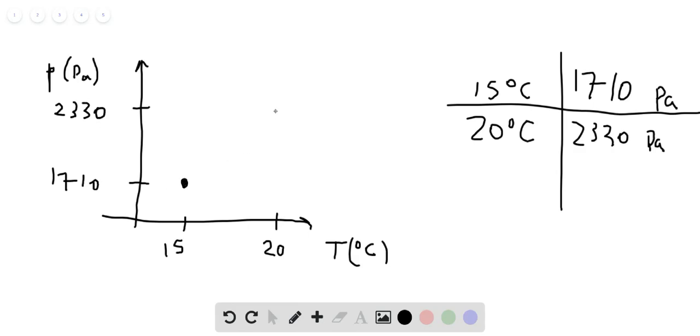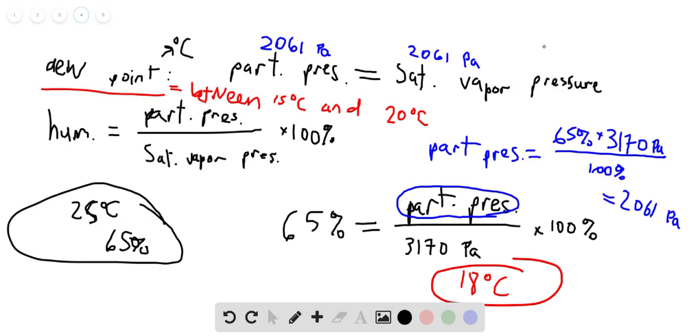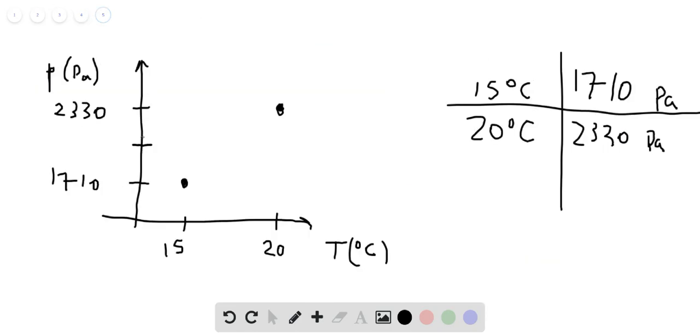We know those 2 points for sure are there. And what we found in the previous slide is that our saturated vapor pressure is 2061. So what we really want to know is to what temperature corresponds 2061.